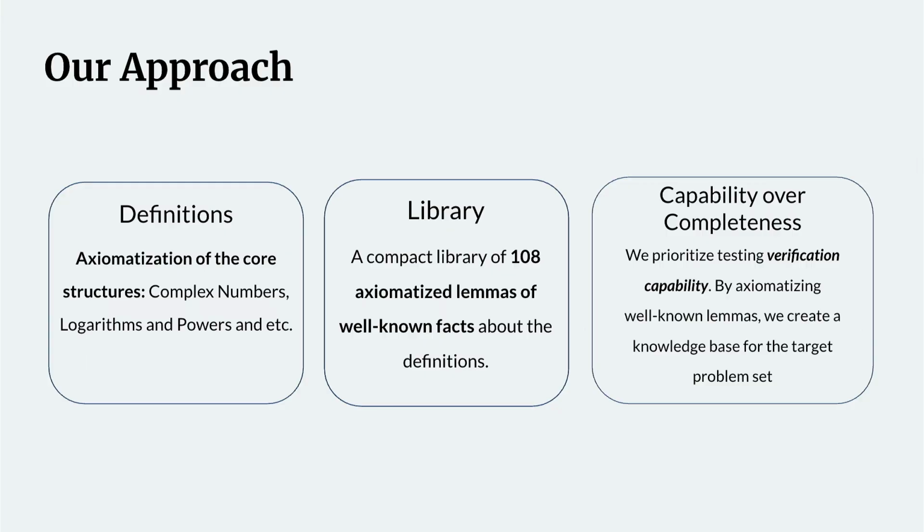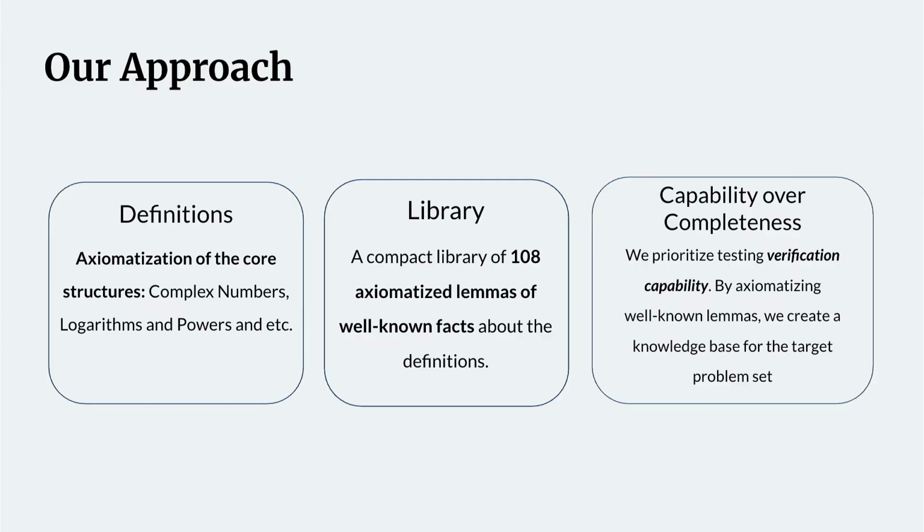So just to recap our approach, we defined all of the necessary concepts to define this benchmark. We introduced a compact library of just over 100 axiomatized lemmas. So neither for the lemmas nor for the predicates did we actually add proofs.